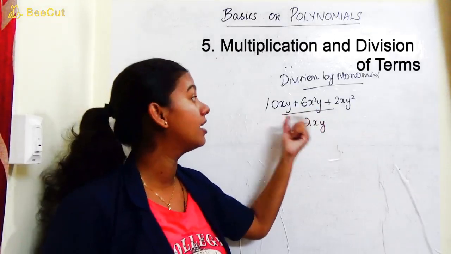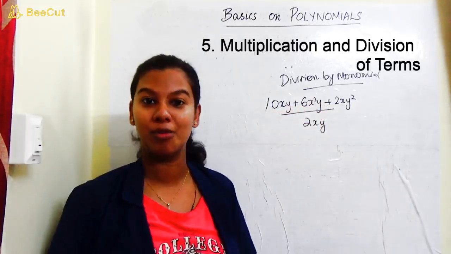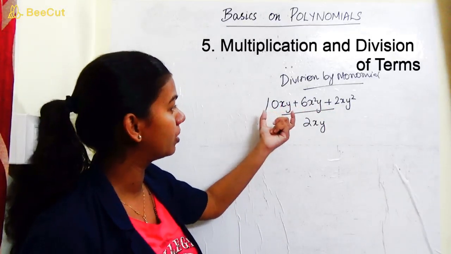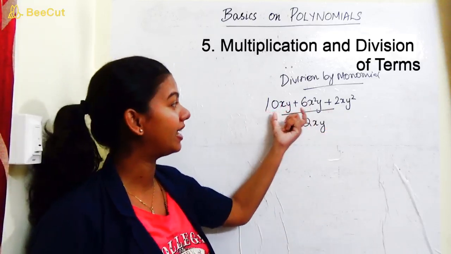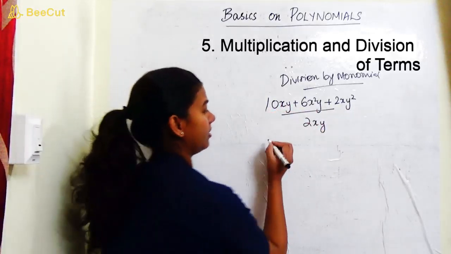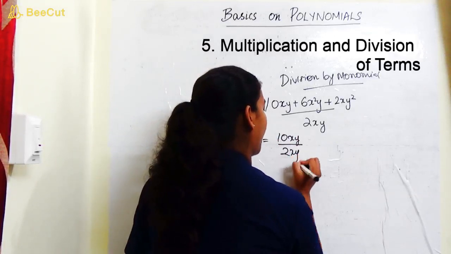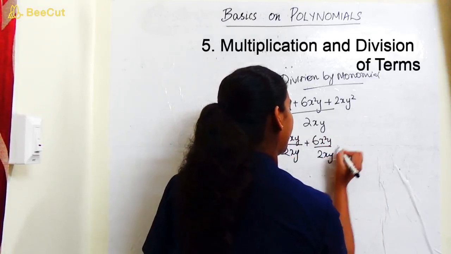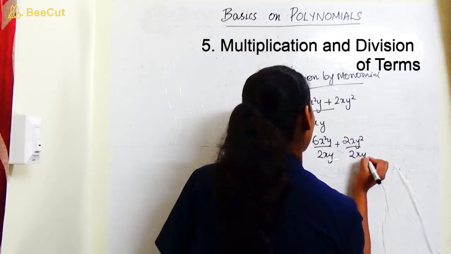Next we are dividing a polynomial by a monomial. So let's see what happens. In case of division, we have to split. We have to divide each term of the numerator by 2xy. So let's see what happens. So that is 10xy divided by 2xy plus 6x square y divided by 2xy plus 2xy square divided by 2xy.